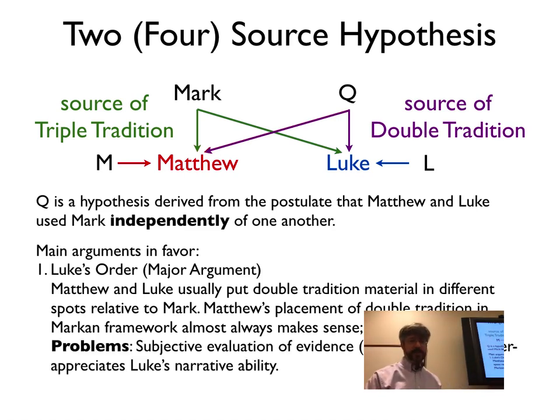Now, the problem with this is that it's a subjective evaluation of the evidence. Look quickly at Aland section 129. It's on page 119. What is section 129? Parable of the leaven.